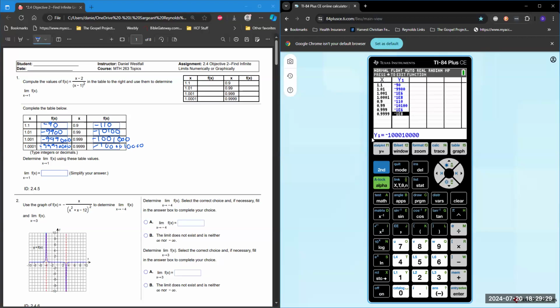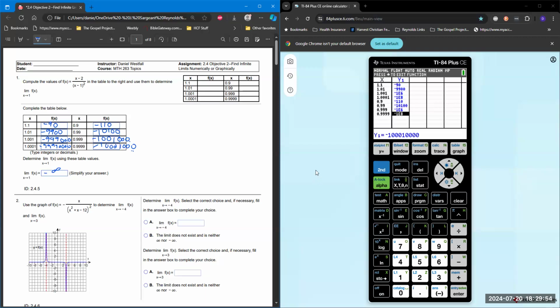All right, and we're going towards negative infinity here. Always one more zero at the end over here than there was in between the ones there.